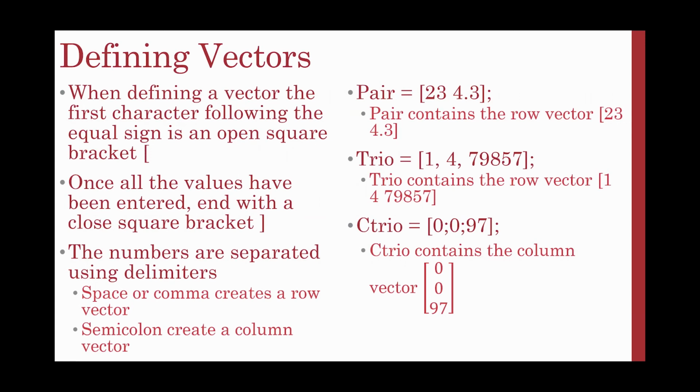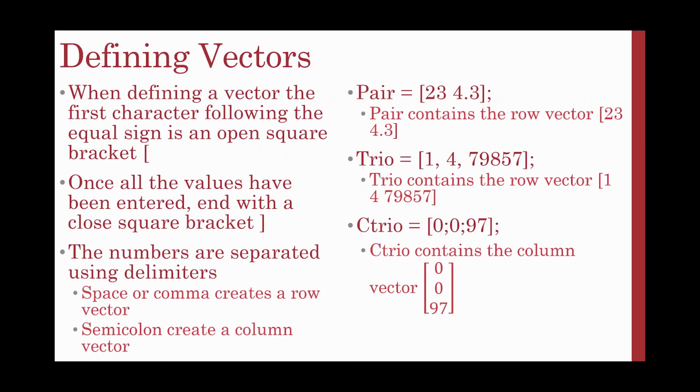If I define a vector called trio, and I say trio is equal to open square bracket 1, 4, 7, 9, 8, 5, 7, I close my square bracket, the variable trio is going to contain a row vector that has the values of 1, 4, and 79,857.